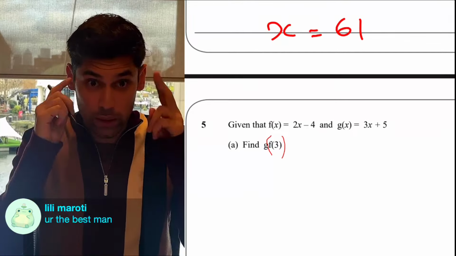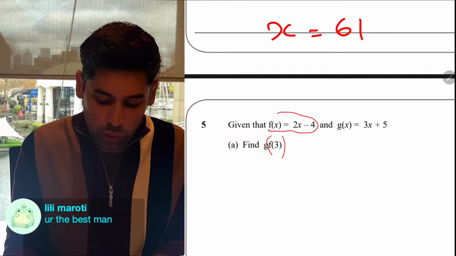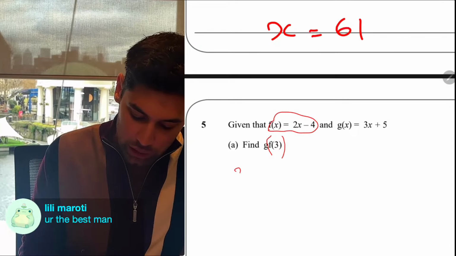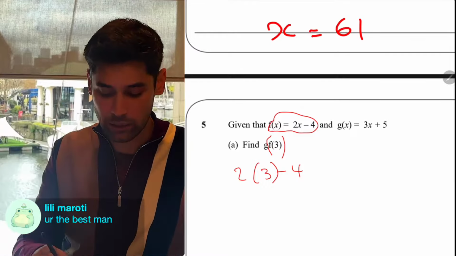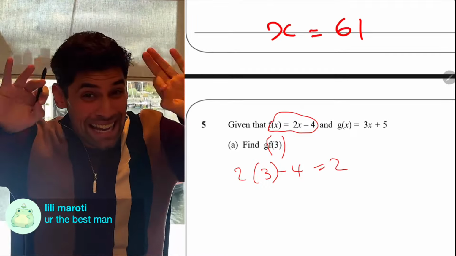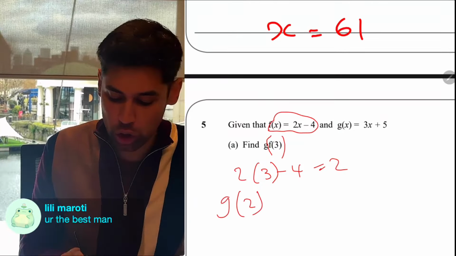Now, visually we can see that this f of 3 is just what we were doing before. Let's find f of 3, which is 2 brackets 3 minus 4. So 2 times 3 is 6, take away 4 is 2. So we know f of 3 is 2. Meaning g of f of 3 is actually g of 2.